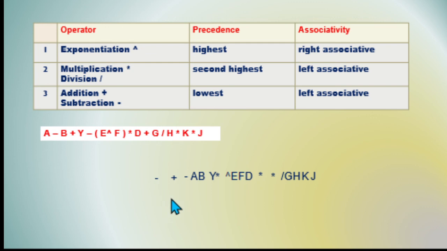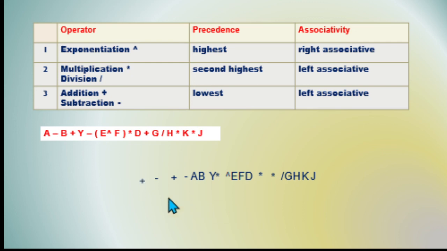Okay, and then the last one is this one, addition operator. So we add this, which is now this operand, and this one, which is now this operand, and convert it into prefix.